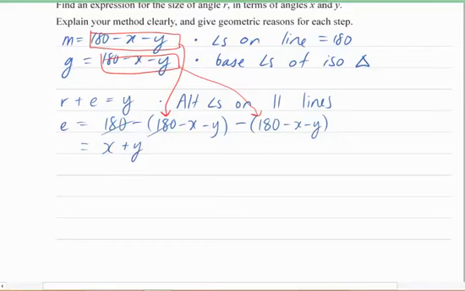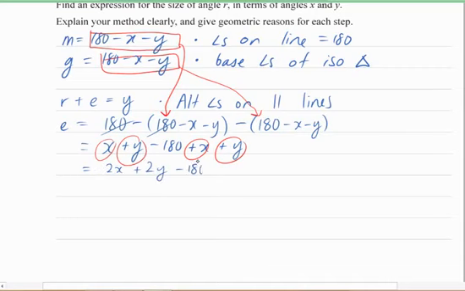And then in our next bit we've got minus 180, and then plus x and plus y again. Okay, so I need to collect like terms here. I've got an x and an x, and a y and a y. So we're going to have 2x plus 2y minus 180, and that's angle E.